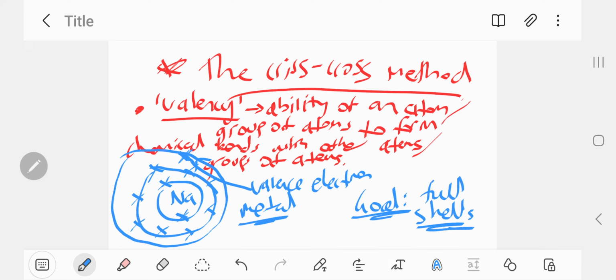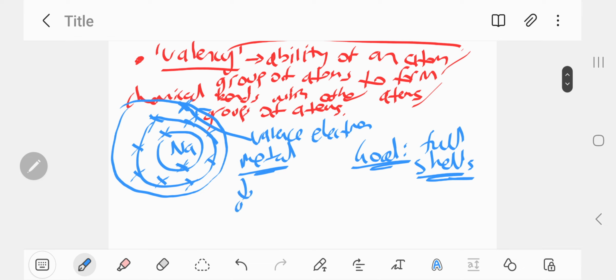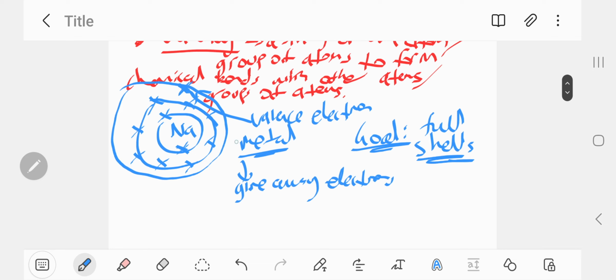If sodium gives away that extra electron tagging along in the third shell, it'll have a full first shell and a full second shell. So it's happy. Atoms are neutral, so if you take an electron away, it becomes positive overall.